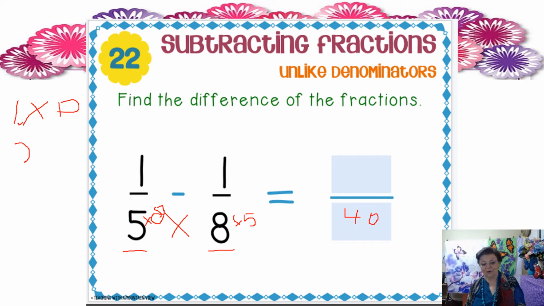So now, whatever you do to the bottom, you have to do to the top. So this numerator has to be multiplied by 8, and this numerator has to be multiplied by 5 because we did that to the denominators.